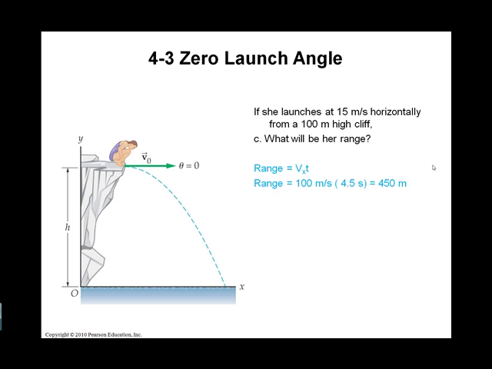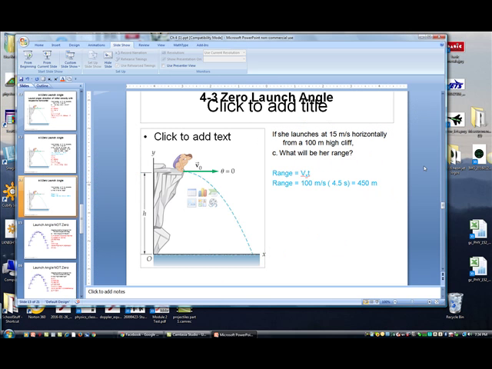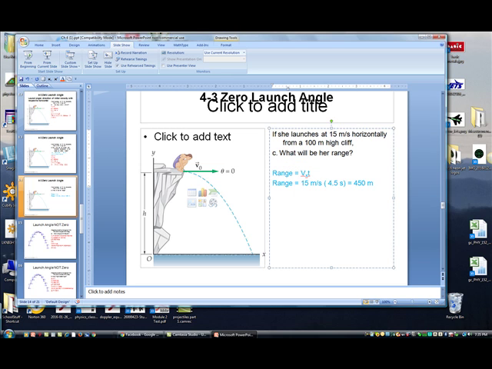The last thing we want to do is find her range. Her range is how far along the x-axis, or how far out did she land. There's only one formula with range, and that is the only formula that we have for horizontal motion. And once again, I used the wrong number for that. It's Vx times t, which should be 15 times 4.5.